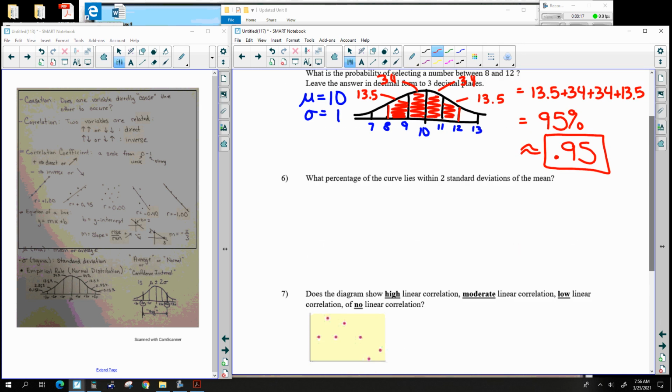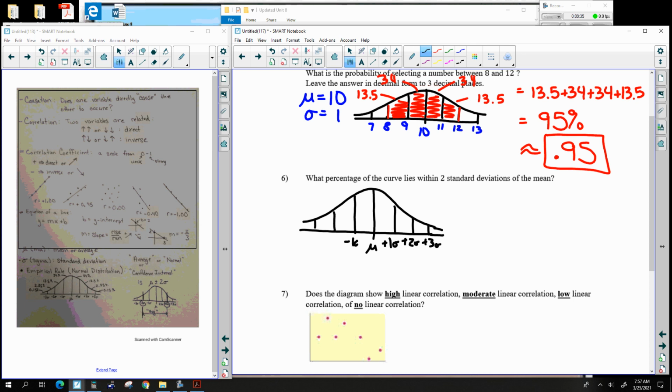What percentage lies within 2 standard deviations? So within 2 standard deviations means 2 up to 2 down. This is within 2 standard deviations.